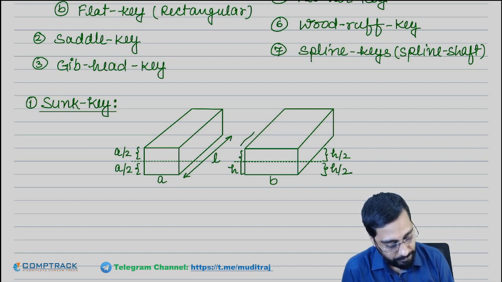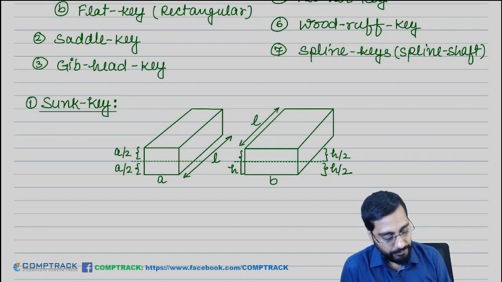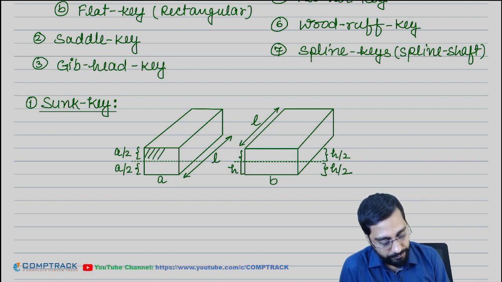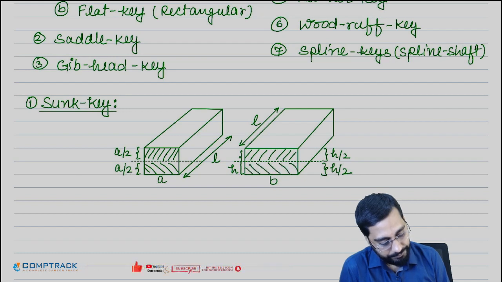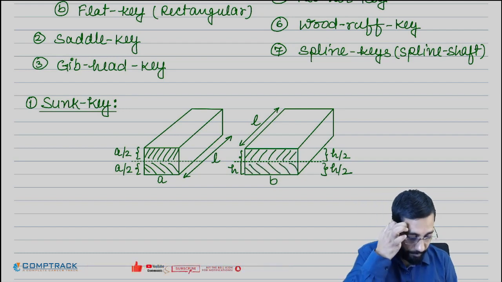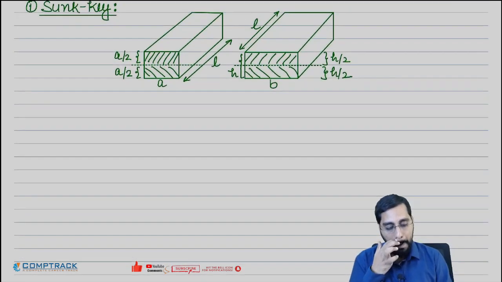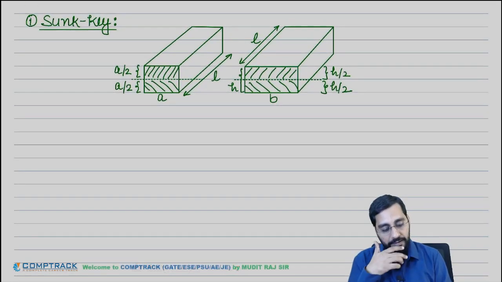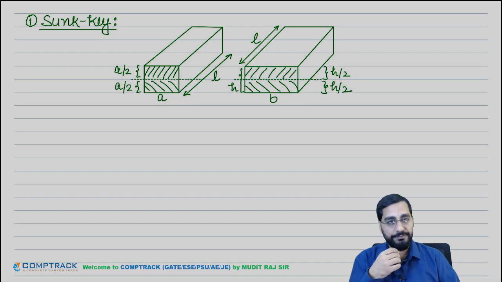Here also length is L. So half cross section will be shared on both sides, hub side and shaft side.